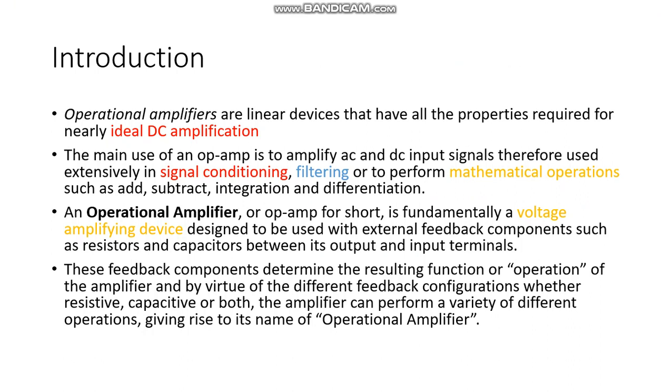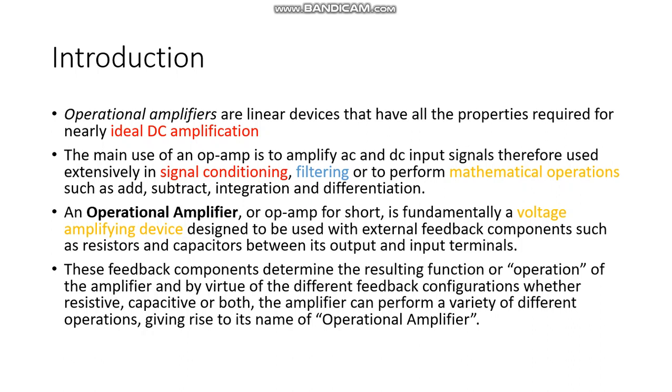An operational amplifier, or op-amp for short, is fundamentally a voltage amplifying device. It will amplify the voltage. It is designed to be used with external feedback components such as resistors and capacitors. We will discuss how to connect external elements like resistors and capacitors to make it function in a different manner.